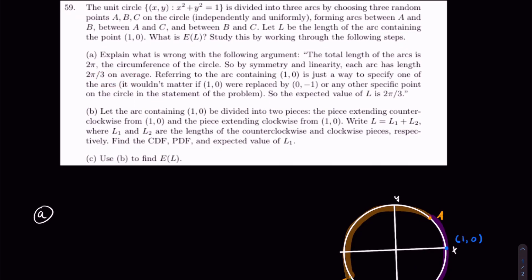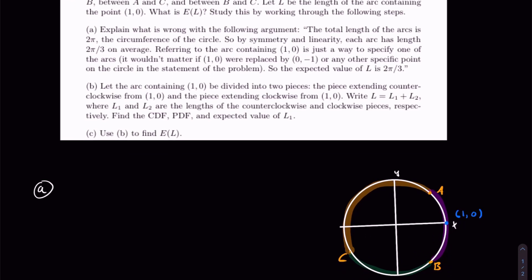Referring to the arc containing (1, 0) is just a way to specify one specific arc, and it wouldn't matter which point it is. And so the expected value of L is 2 pi divided by 3. Well, it is true that each of these arcs is on average 2 pi divided by 3.